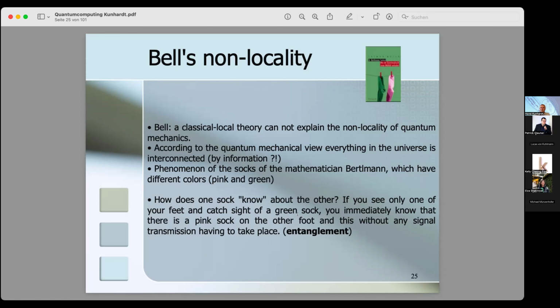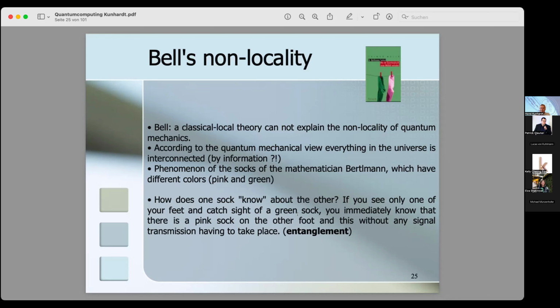But it is important to understand that both socks have to be entangled. That means at one place they have to be together, and you should know what the two colors are. And as far away as the two socks can be, you know instantly what's the color of the other. That's something a bit easier explained, the non-locality principle where entanglement is used.